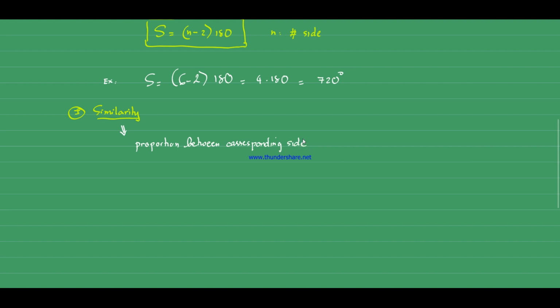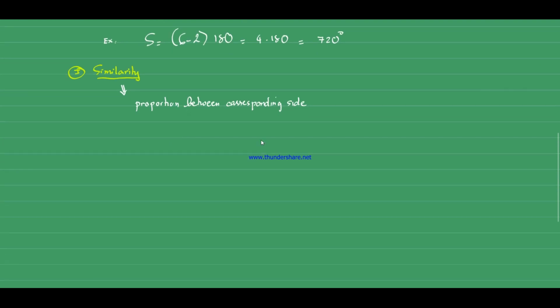Okay, now let me explain it further by giving you two similar polygons. Let's say I have two triangles. What if I have a triangle over here, just a random triangle, triangle ABC.